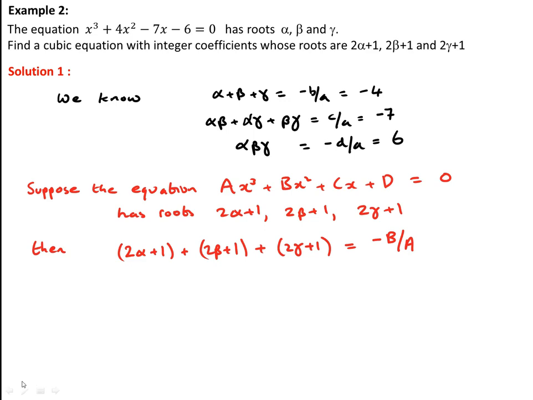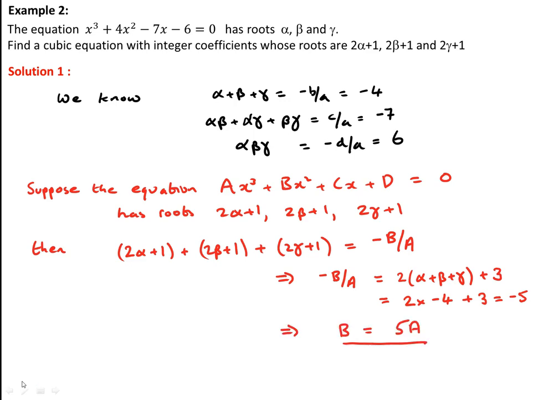In other words, I've got 2 lots of alpha plus beta plus gamma, add 3, must give me minus b over a. But I know that alpha plus beta plus gamma is minus 4. So I've got minus b over a must be 2 times minus 4, add 3. In other words, minus b over a is minus 5, which tells me that b must be equal to 5a.